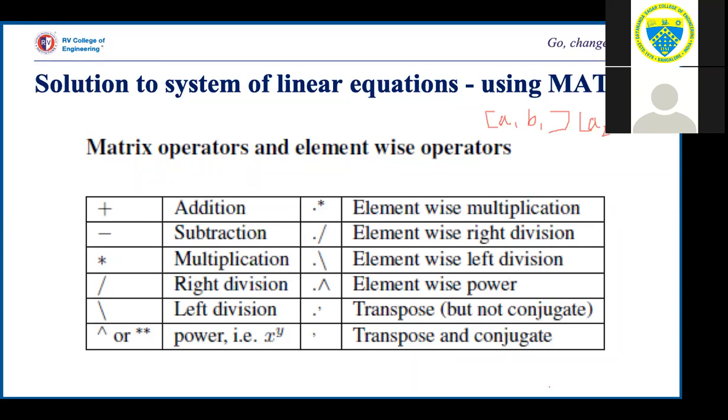I want to multiply the two with a dot operator, dot star. So this dot star will give me A1 A2, that is element wise operation, and B1 B2. Is that clear?